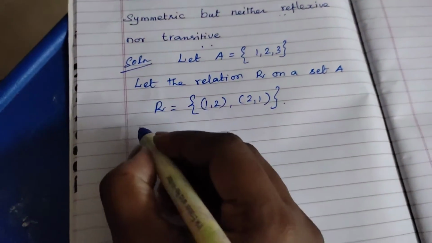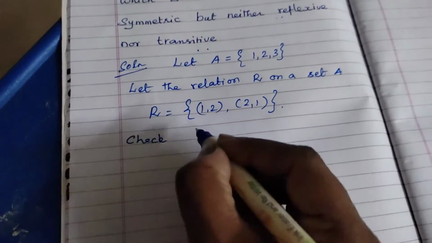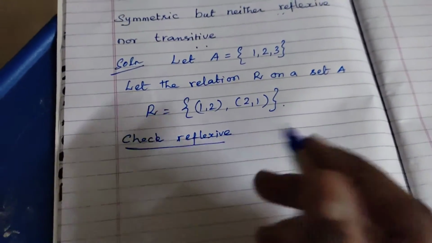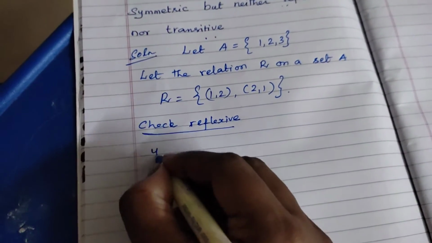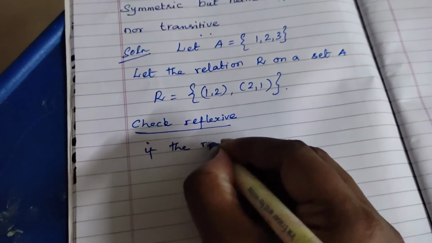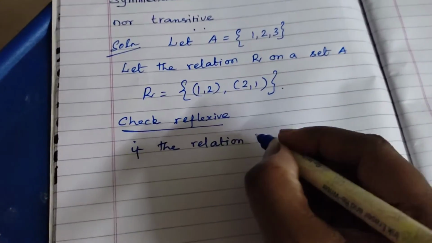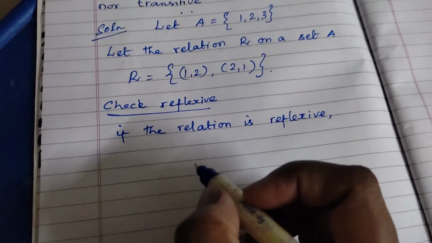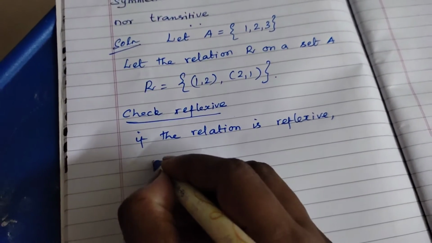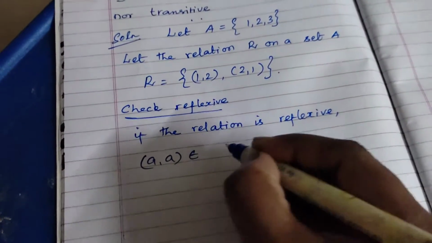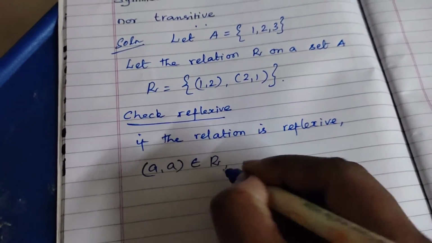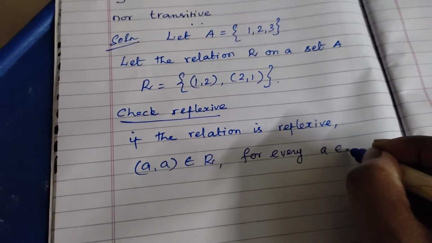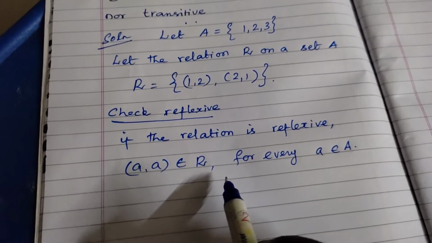Now we are going to check reflexive. If the relation is reflexive, we know the condition: (a, a) belongs to R for every a belongs to the given set A. This is the reflexive condition.